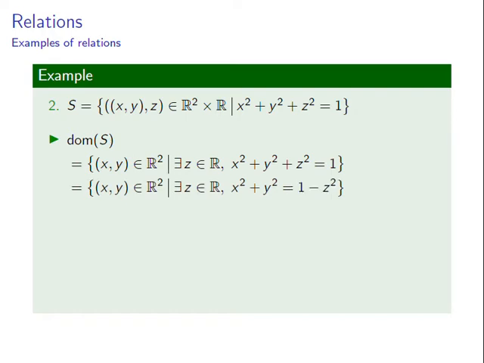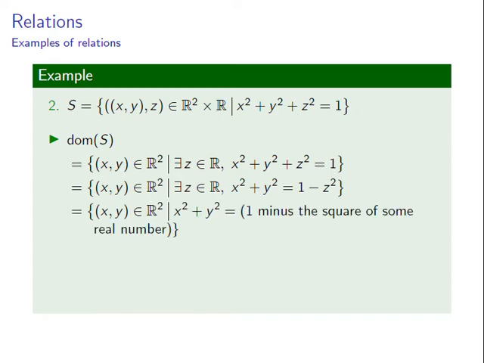Or equivalently, x squared plus y squared equals 1 minus z squared. That is, the domain is the set of all ordered pairs (x, y) of real numbers such that x squared plus y squared equals 1 minus the square of some real number.